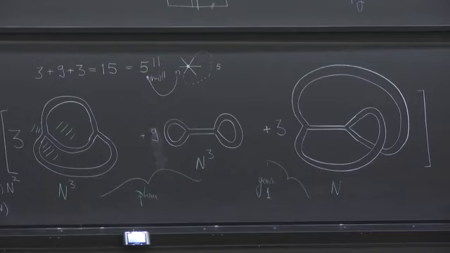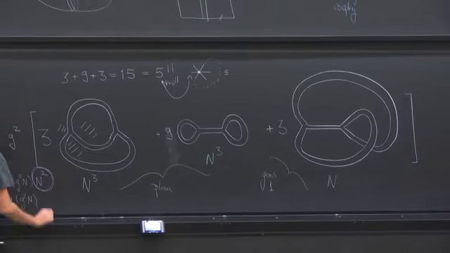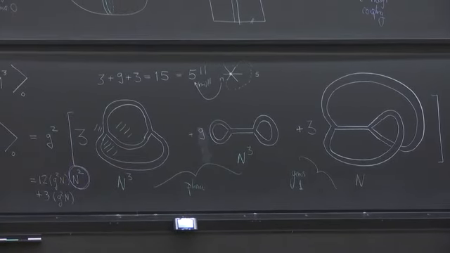So we see that the planar graphs not only are dominant, but they come with the same n squared here. They are dominant over the non-planar, but more than that, from this very simple example we are seeing some pattern. And the pattern is that we get n squared times some function of the 't Hooft coupling plus n to the 0 times some other function of the 't Hooft coupling plus dot dot dot, where this would be planar and these guys would be genus 1.